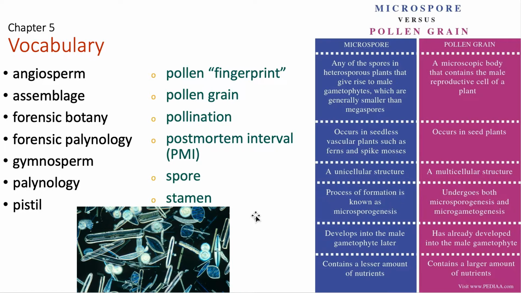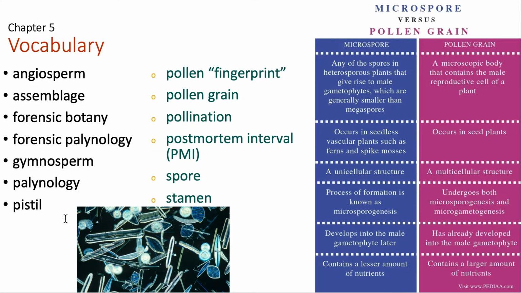Microspore or spore versus pollen grain. Here are the differences; you can go ahead and look into that. Here are all the terms: an angiosperm is a flowering plant, a gymnosperm has a cone. Paleontology is the study of spores, pollen and spores. Forensic botany is the study of plant evidence used in crime.